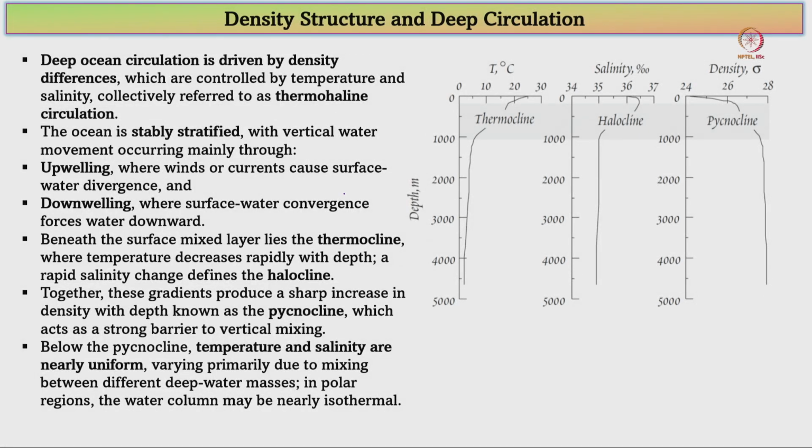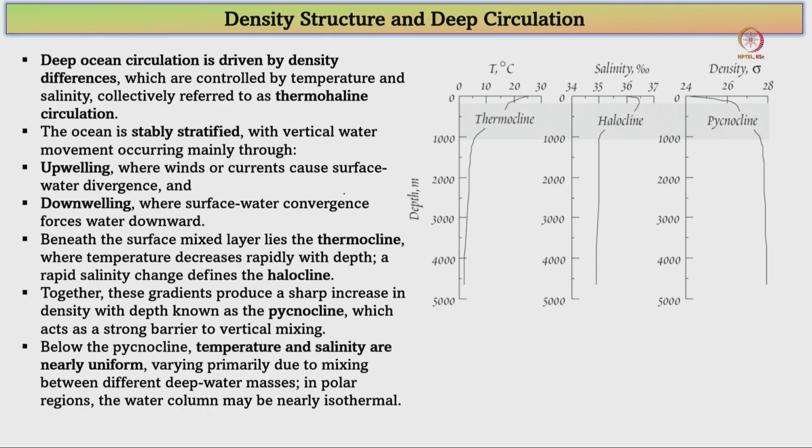Now, what does this lead us to? We understood the surface circulation. Now, let us look into the deep circulation. The deep ocean circulation is driven by density differences. The surface ocean circulation is driven by the wind currents and the unequal heating, the unequal temperature.